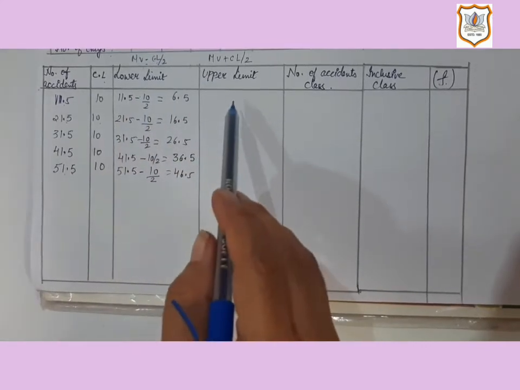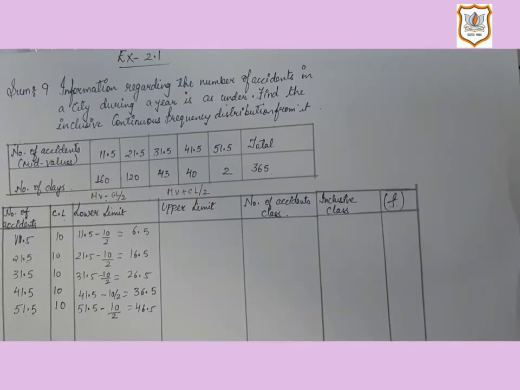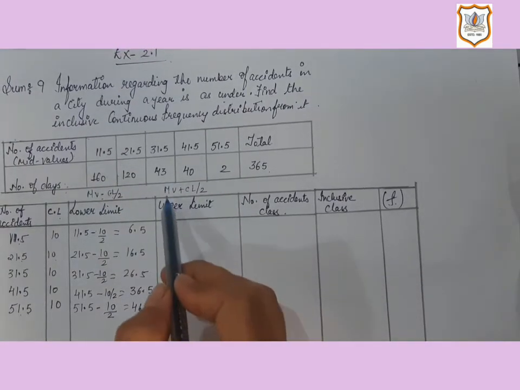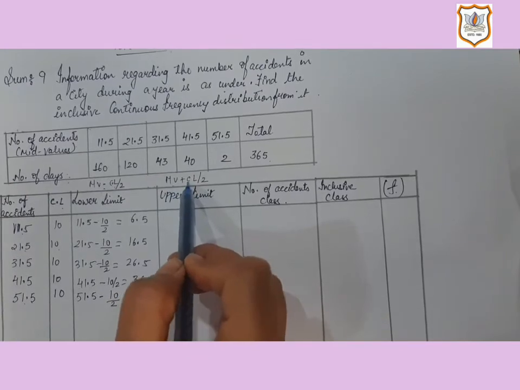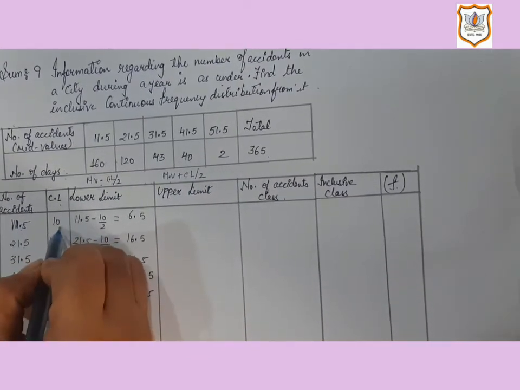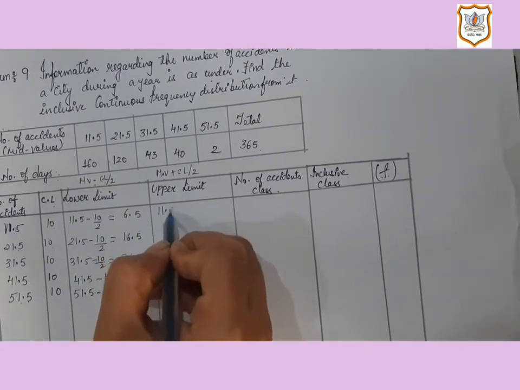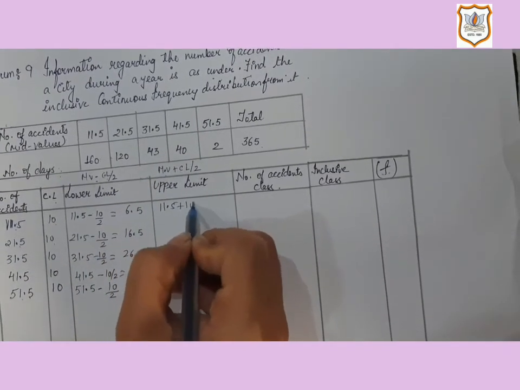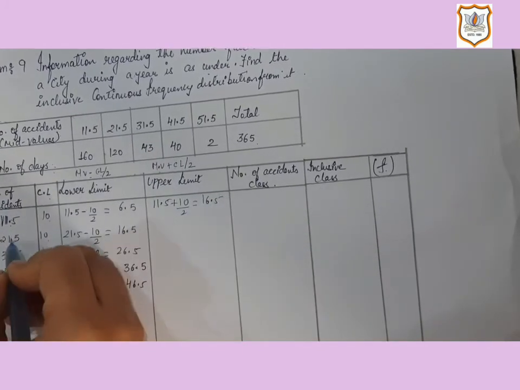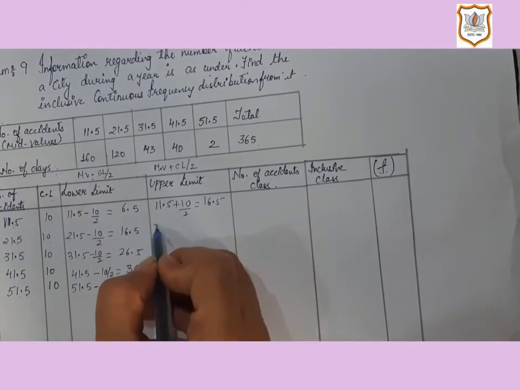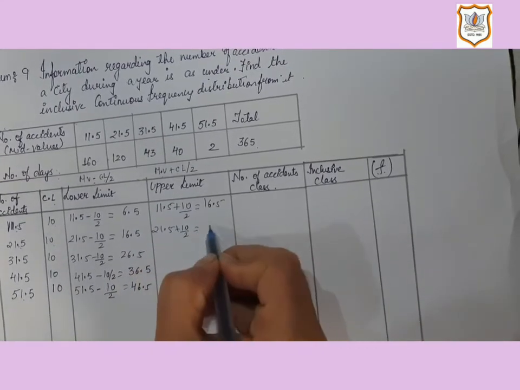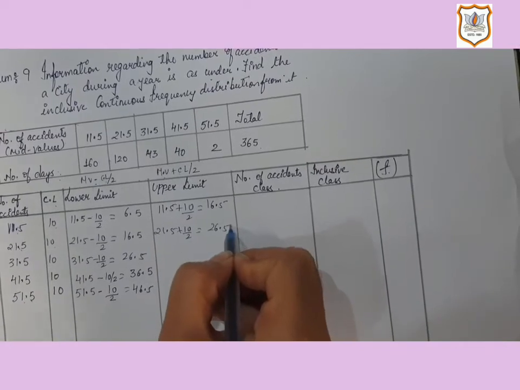Now we are going to find upper limit. The formula to find upper limit is mid value plus class length divided by 2. Mid value here is 11.5, class length is 10. So 11.5 plus class length 10 divided by 2 gives you 16.5. Next mid value is 21.5 plus 10 divided by 2, that gives you 26.5.